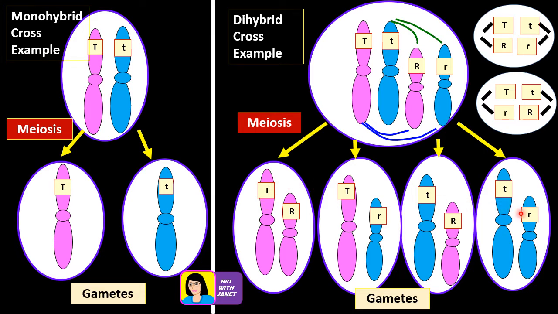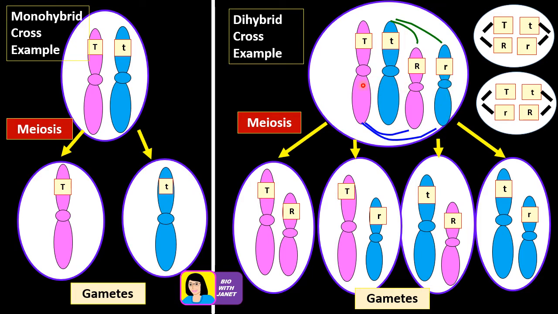Now, how about other possible gametes? Yes, there are other possible gametes. Now look at these two, the second arrangement of the homologous chromosomes at the metaphase plate is that the big T allele on the pink chromosome faces the same pole as the small r allele on the blue chromosome.